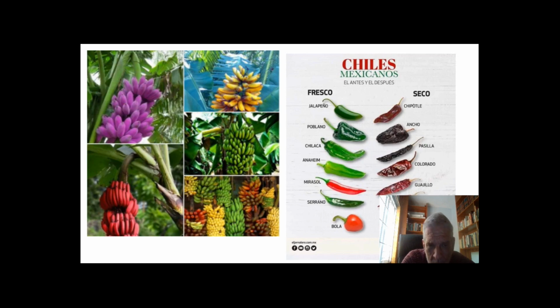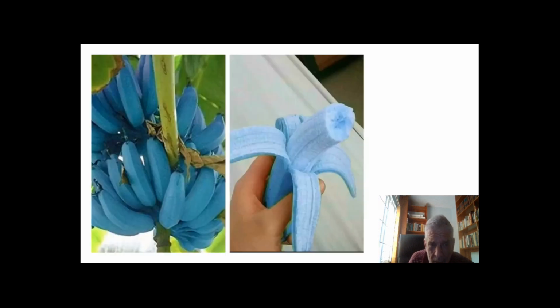This simply shows different varieties of banana, purple ones, red ones, and different varieties of chili. We have a large variety of different chilies. They even have a blue banana, which apparently tastes of vanilla.